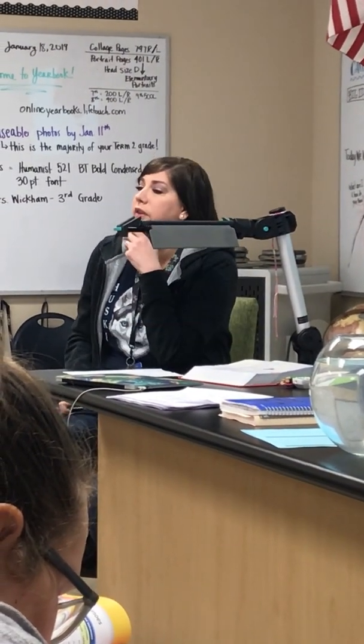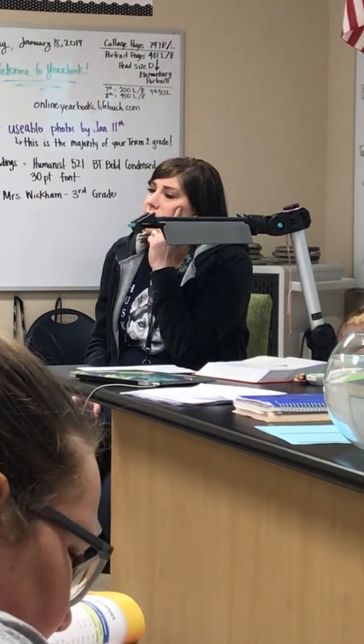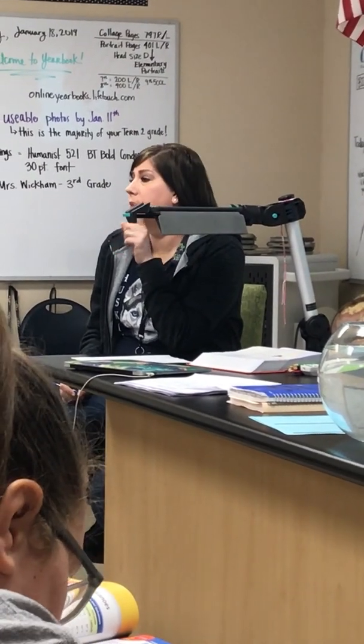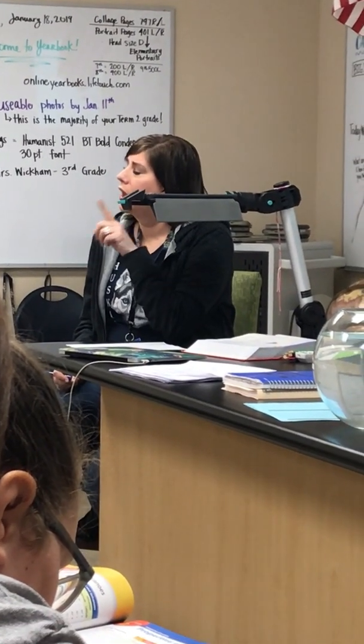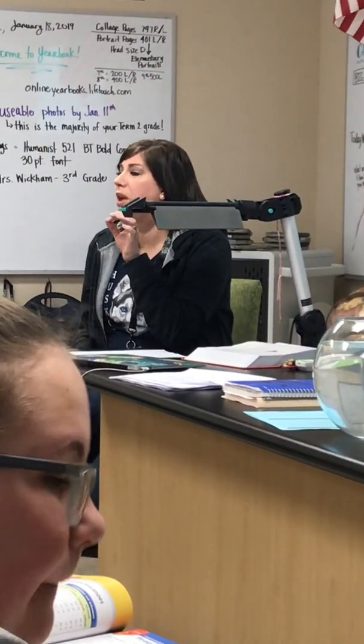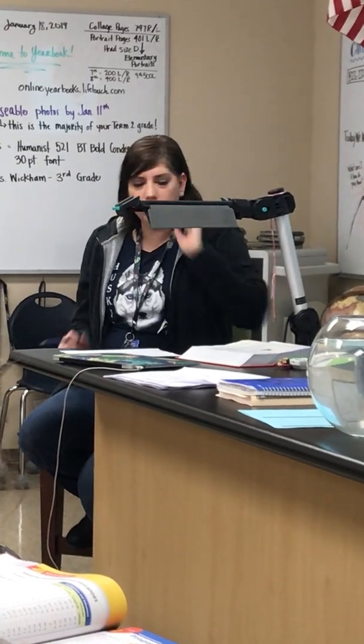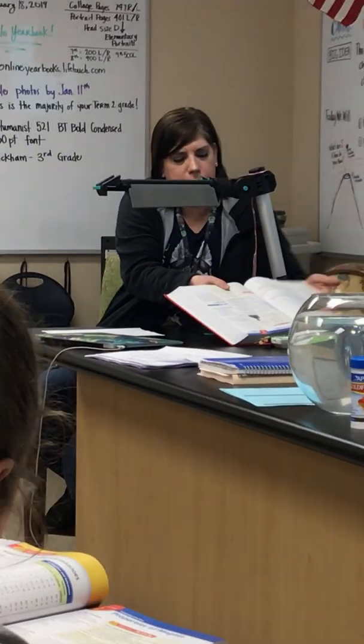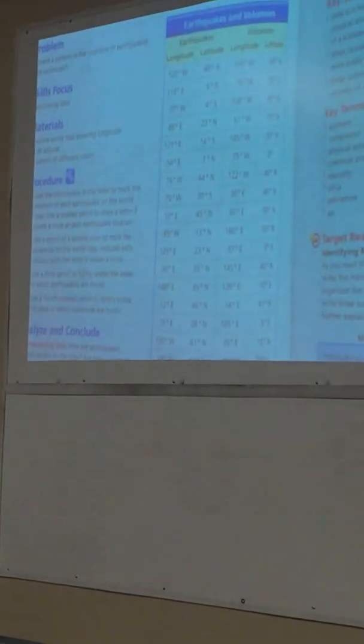Alright. Now the next thing we're gonna do before we start plotting these things is we need to make sure that everybody's clear on what latitude and longitude is. I think if you look at the data table on page 204, you'll be able to figure it out. Okay, so look with me really quickly. I'm gonna just put this right here so you can look at the data table with me for a second here.